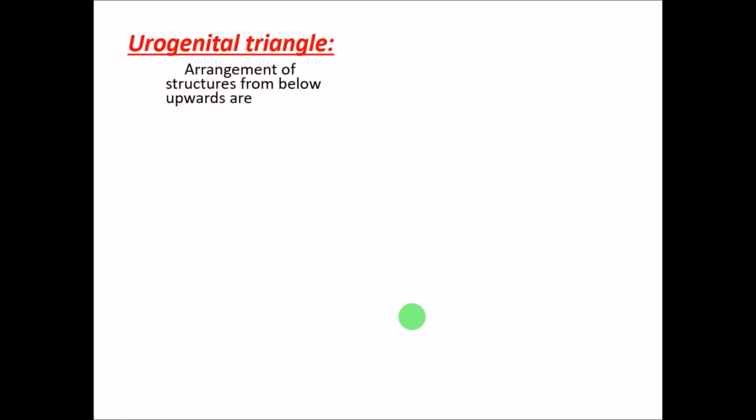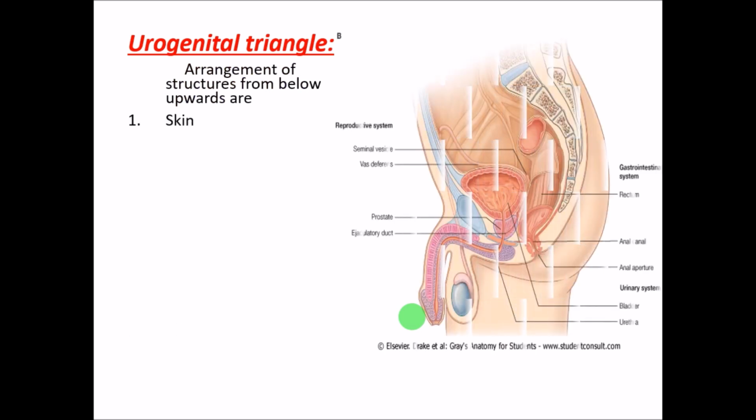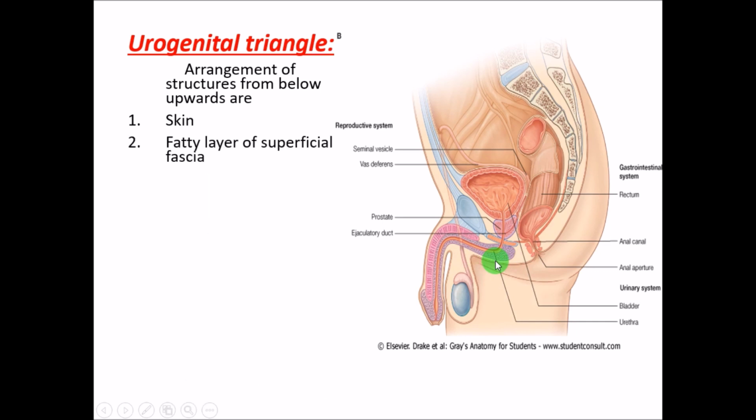The arrangement of structures in the urogenital region, or urogenital triangle, from below upwards, or superficial to deep: the first will be the skin itself. Then we have a fatty layer of the superficial fascia.